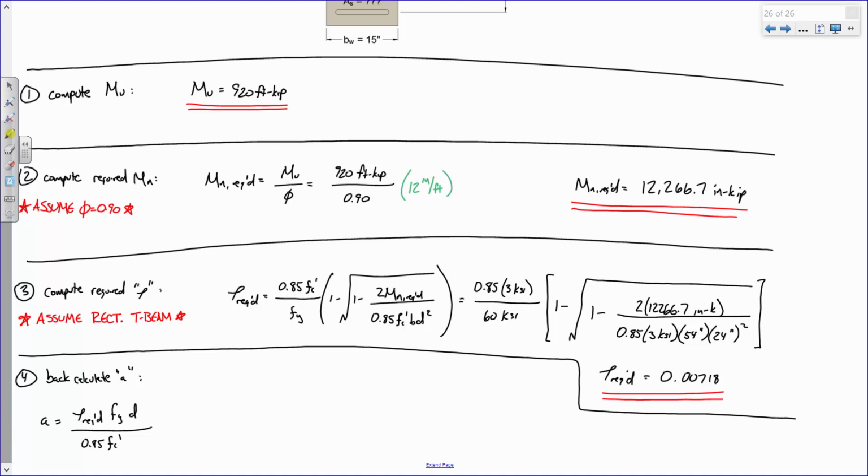Okay? So 0.00718, we have 60 ksi, and then d was 24 inches, 0.85, 3 ksi.